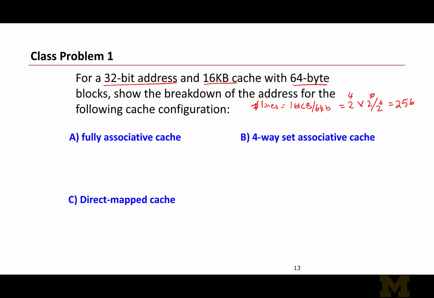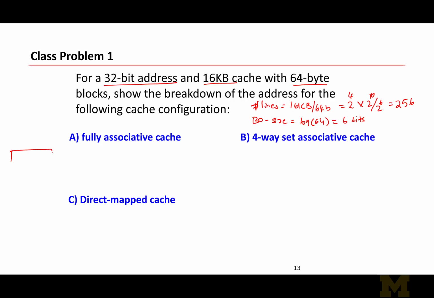And then the number of bits that we need in the block offset. The block offset size is going to be log of 64, which is 6 bits. Now in the case of a fully associative cache, keep in mind that we don't have a set index, because we have only one set, so you don't need an index to select that set.